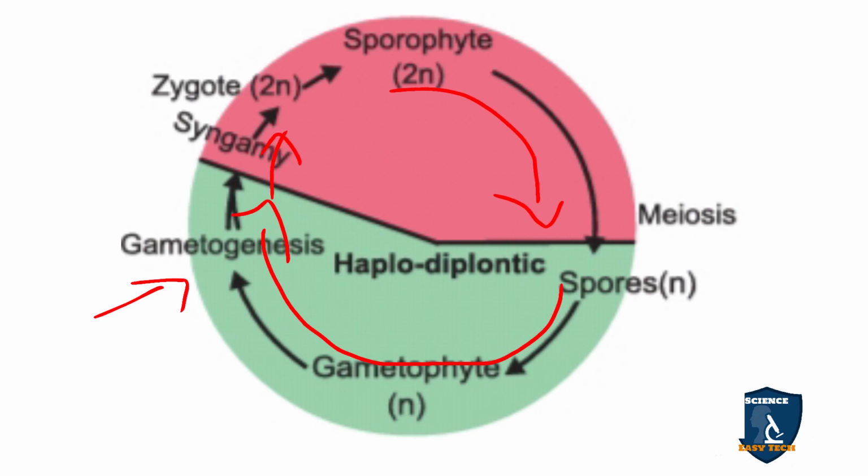When the zygote forms, it enters into the sporophyte. So equally the haploid phase and the diploid phase are seen in this, and it is called the haplodiplontic life cycle. So three different types of life cycle are seen, and they take place alternately in the life cycle of plants.